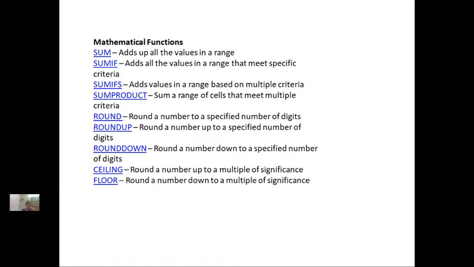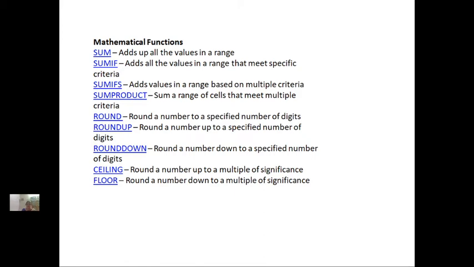Okay students, the next mathematical function is sumif, which adds all the values in a range that meet specific criteria. It checks for this condition. If the condition is true, then it adds all the values in the range.